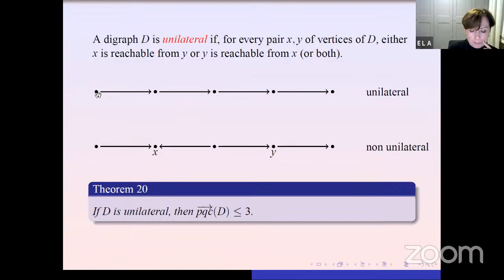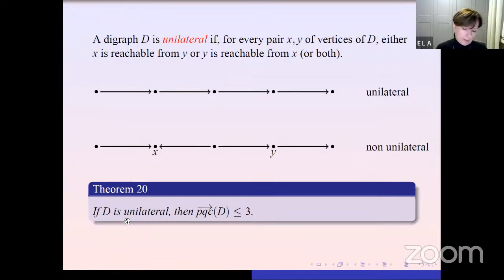And this path is unilateral. However, this digraph is not, because if we consider these two vertices, x and y, there is no path from x to y, and there is no path from y to x. So this one is not unilateral.